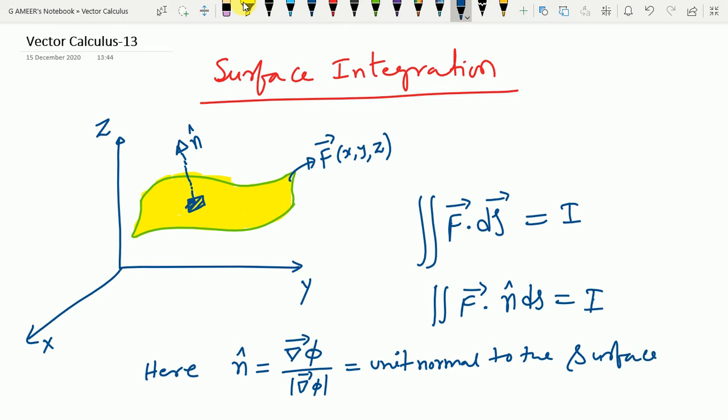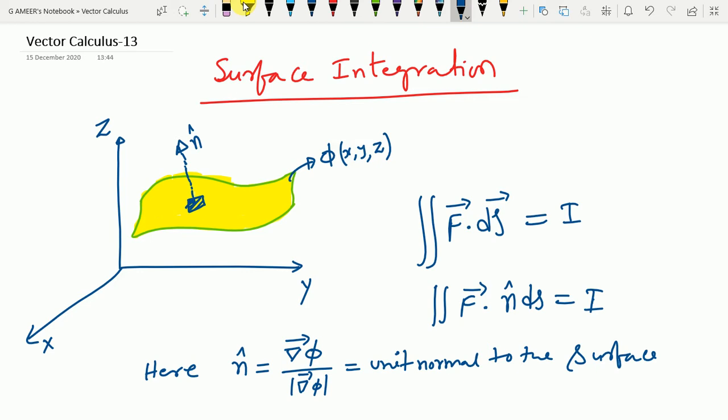Let's say the surface equation will be like this: phi is a function of x, y, z.